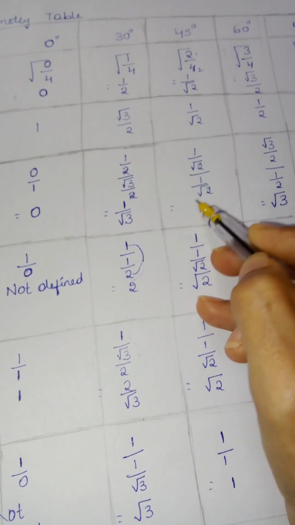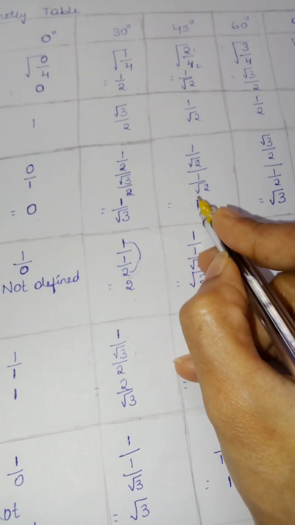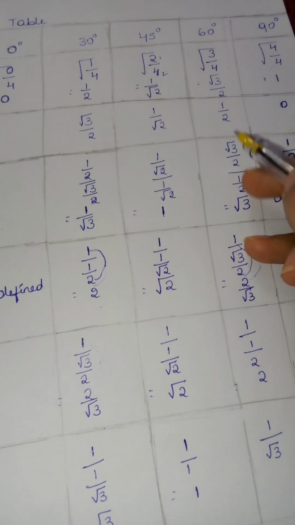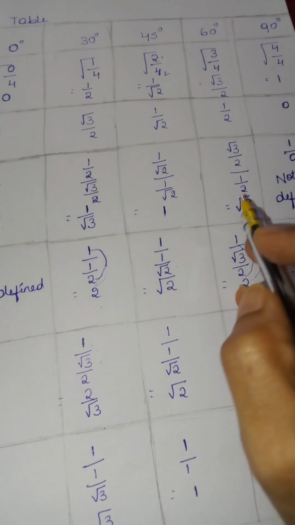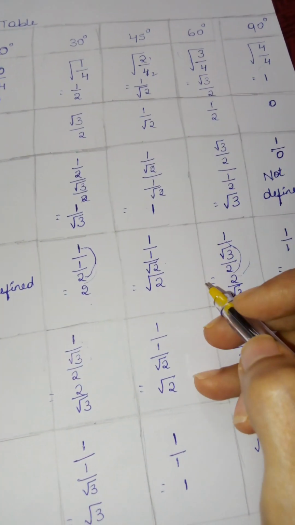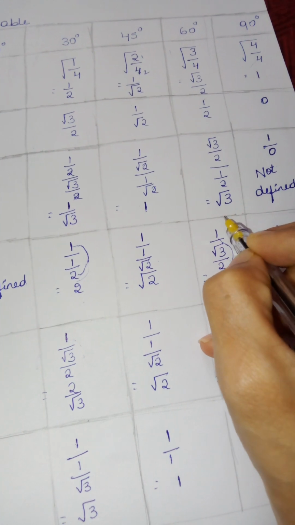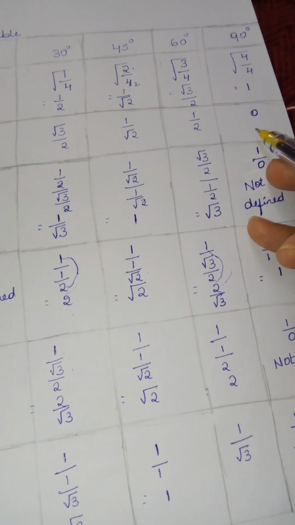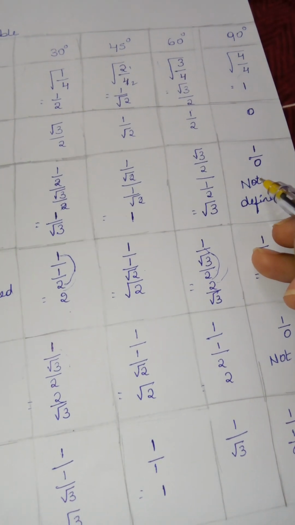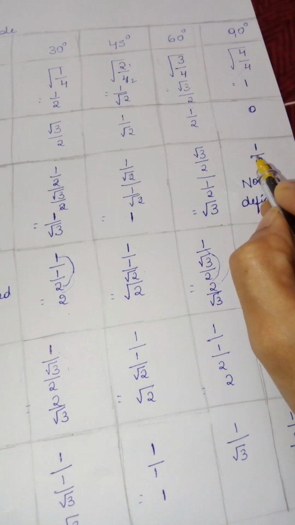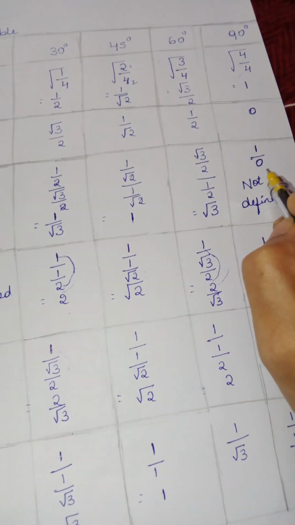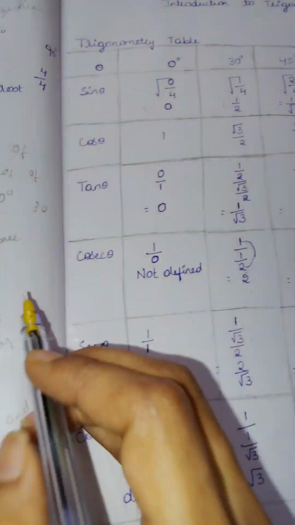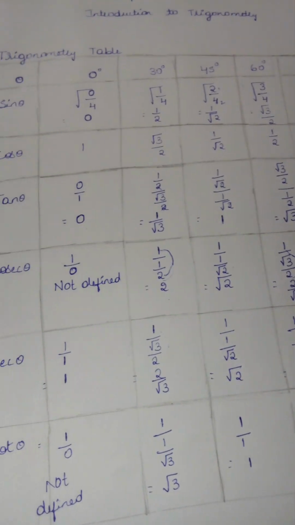So root 2 cancel हो जाएगा, बचा 1. So sin theta is root 3/2, cos theta is 1/2. So 2 cancel कर दो डायरेक्ट. So बचा root 3. So sin theta is 1, cos theta is 0. So 1/0 is not defined. किसी भी नंबर के अपॉन में 0 आता है तब वो not defined होता है. So I hope you have understood this.